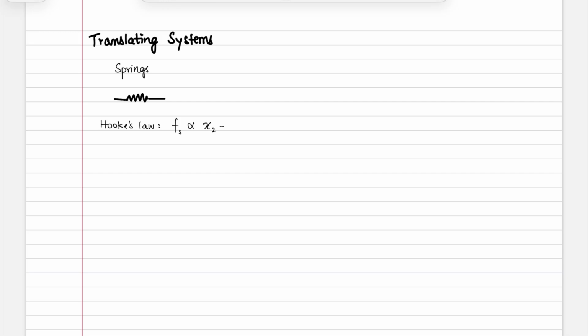So x2 minus x1, if we say that this here is moving to the right by x1, and this here is also moving to the right by some, in this case, x2, then the net deflection in the spring, which is like how much is the spring being deflected from its equilibrium position, that would be x2 minus x1, the deflection from equilibrium length, I should say.